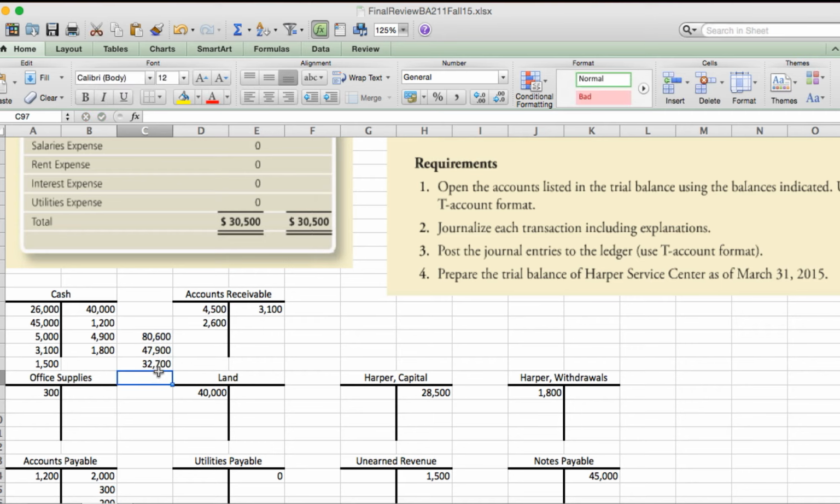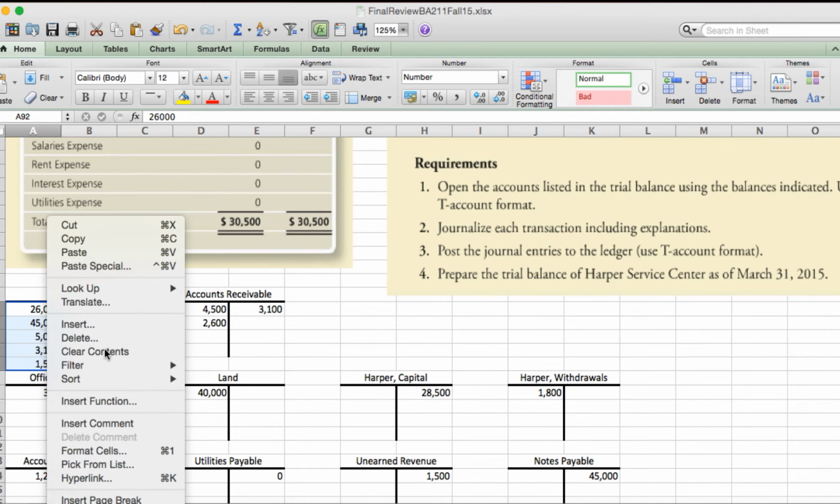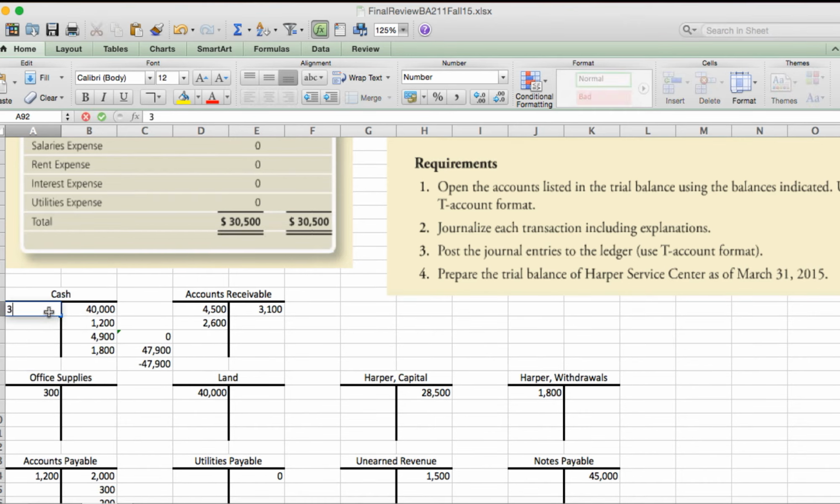My balance is $32,700. Just to clean it up a little bit, I'm going to erase all of the individual transactions and just leave my balance in that one, just because that one's kind of jumbled.